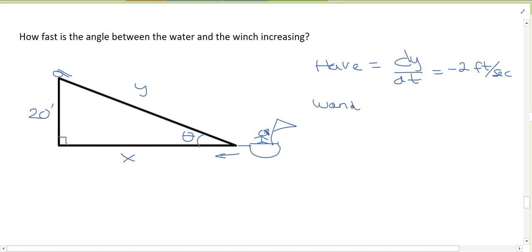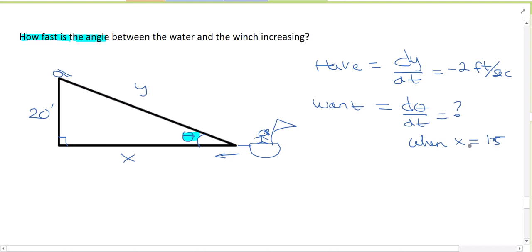And what is it that we want? How fast is the angle between the water and the winch increasing? So we want to know the rate of change of theta. We want d theta/dt when x is 15.